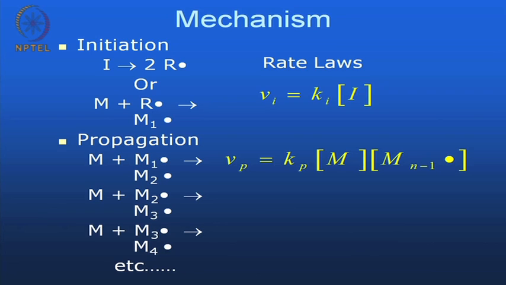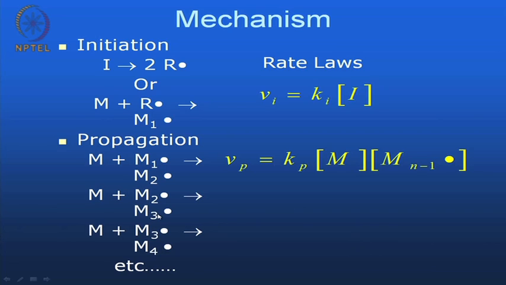Next, come to propagation: monomer plus monomer 1, M1, producing something, M2, where another monomer is combined with M1.